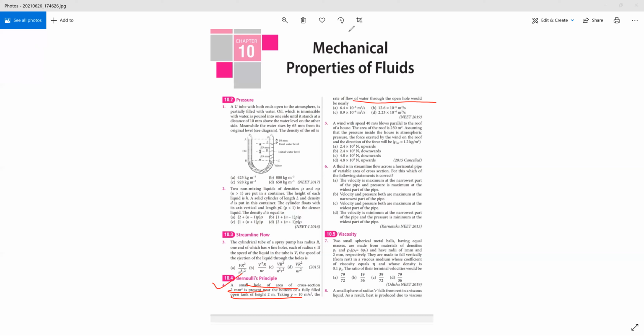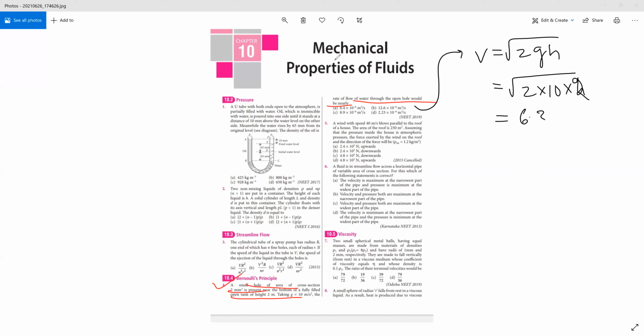The rate of flow of water through the open hole would be nearly equal to... So this one we are going to calculate by using Torricelli's theorem, that is given by v is equal to root of 2gh. Substitute the known values: 2 into g value 10 and h value 2. After simplification, we are getting 6.32 meters per second.